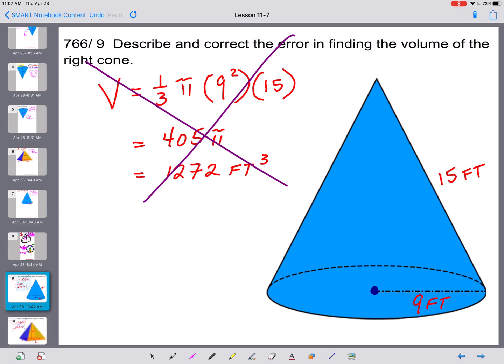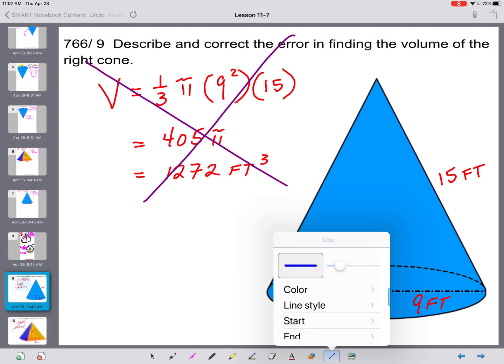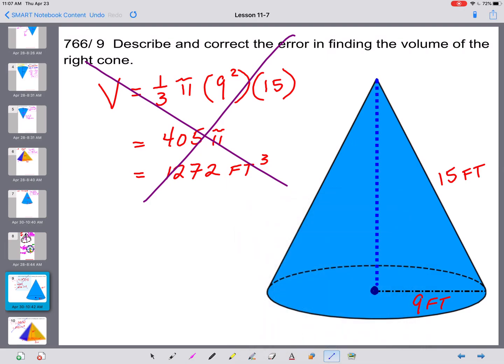Yeah, they didn't use the height right down the middle. That's what they need. They used the 15. No, we want the height right down the middle. Well, how do we get that? I'm going to do the Pythagorean theorem. H squared plus 9 squared equals 15 squared.